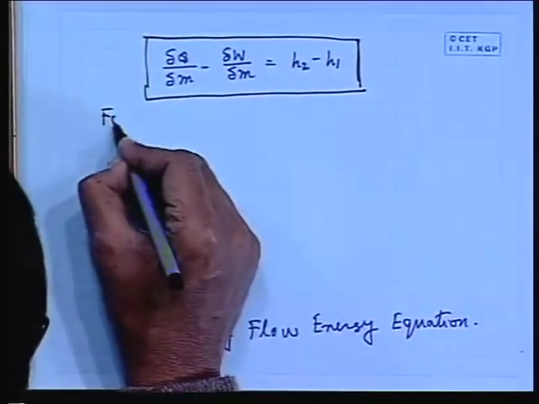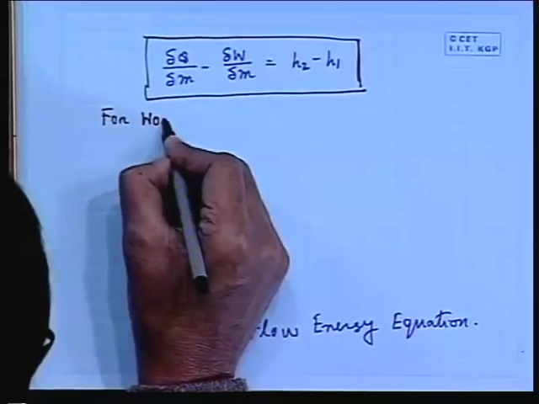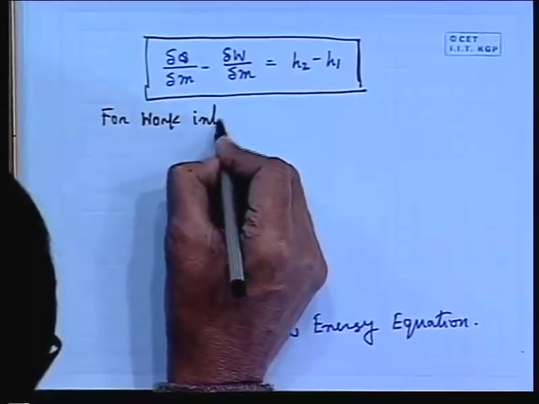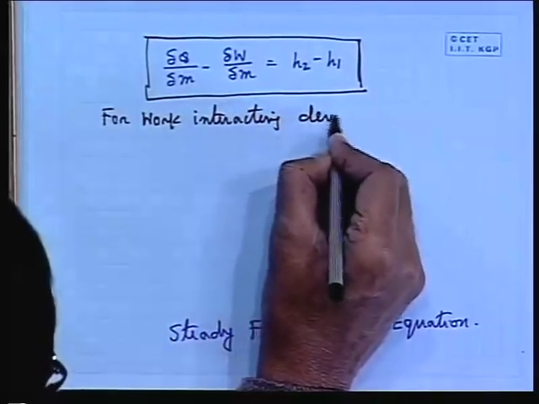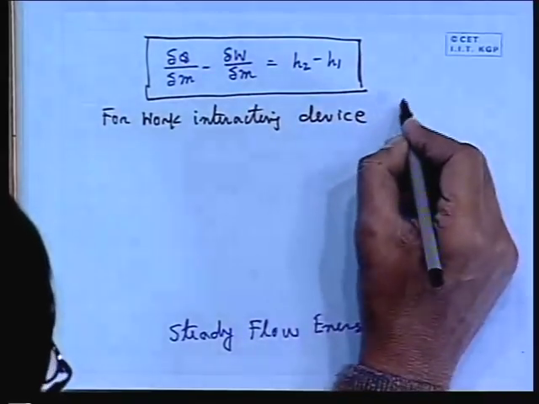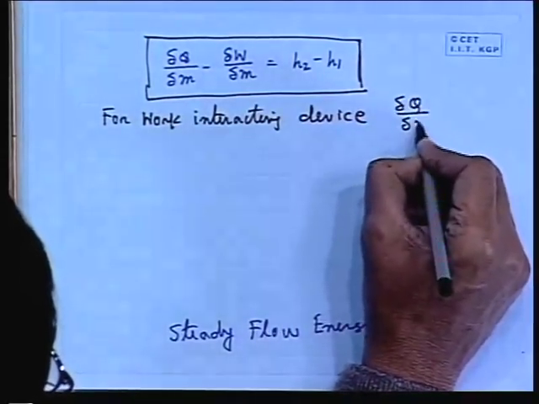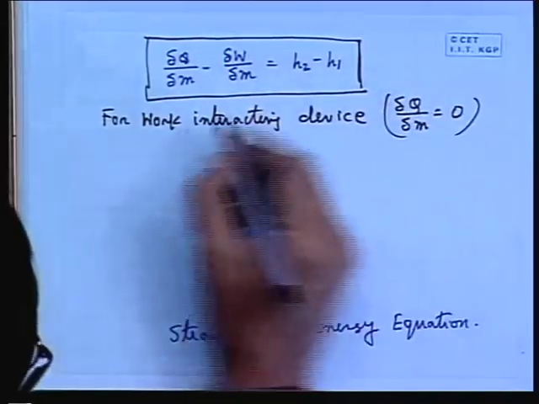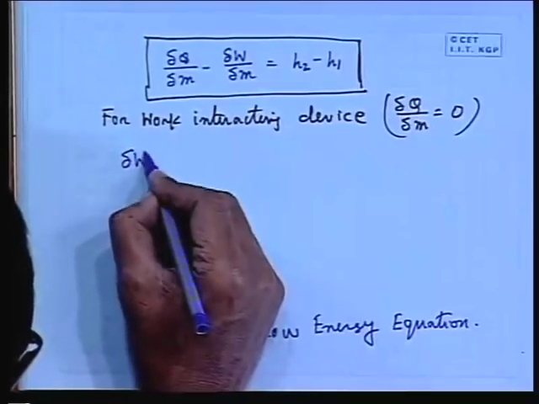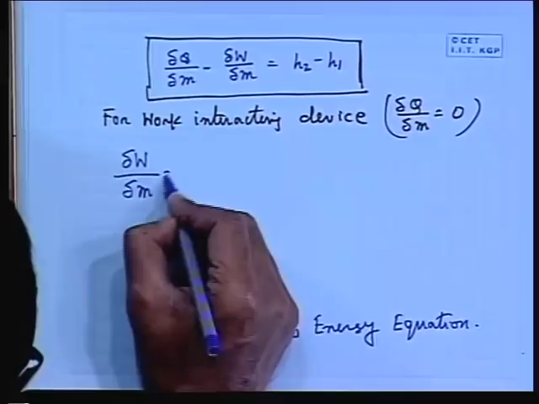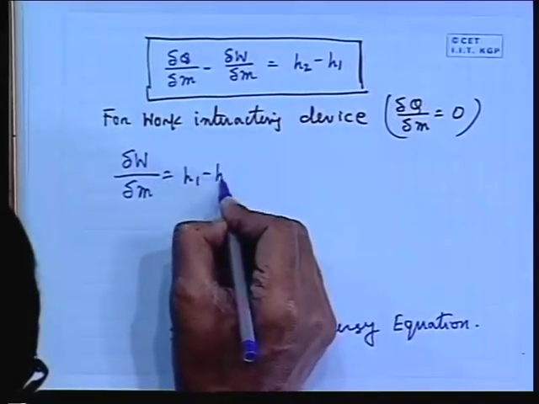So for a device which is only work interacting, that means for which del Q del M is 0, I can write this equation as del W del M is H1 minus H2.